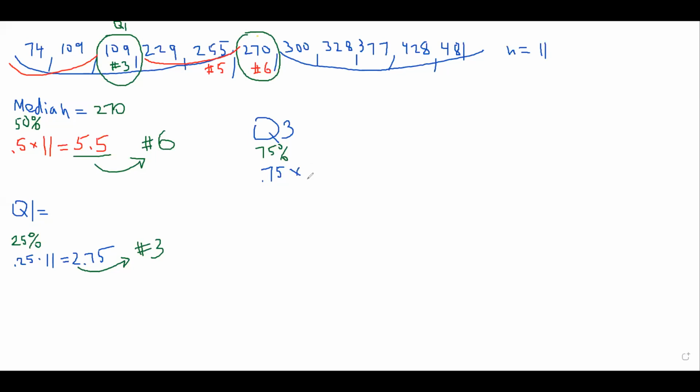So when I do this multiplication by 11, I'm going to get something like what? 8 and a quarter, something like that.